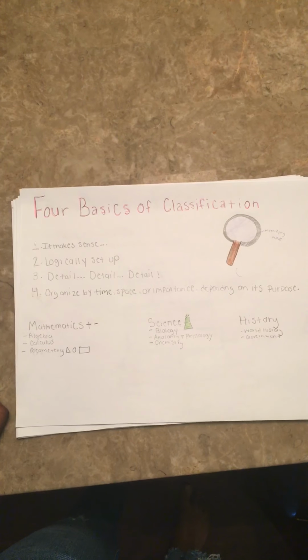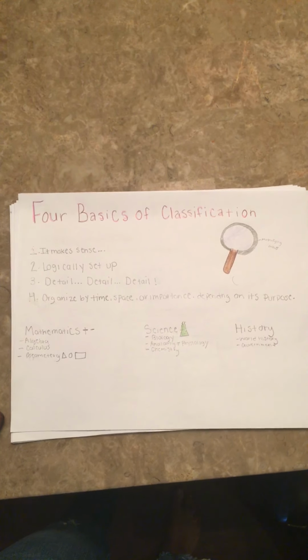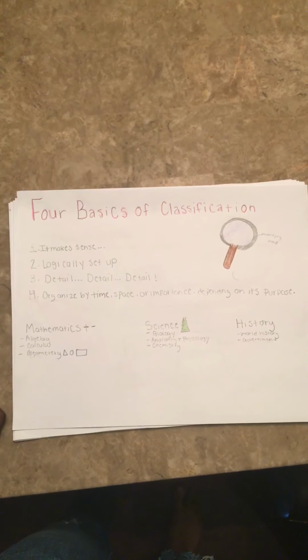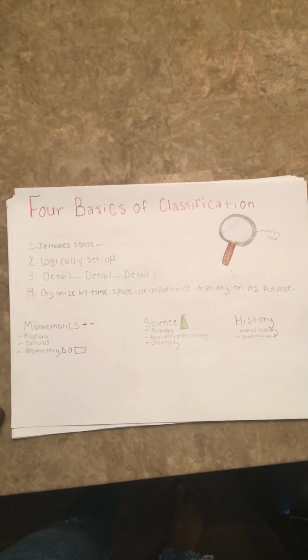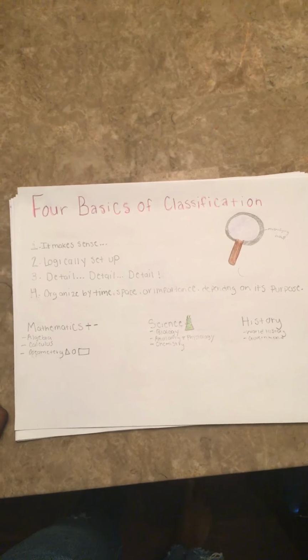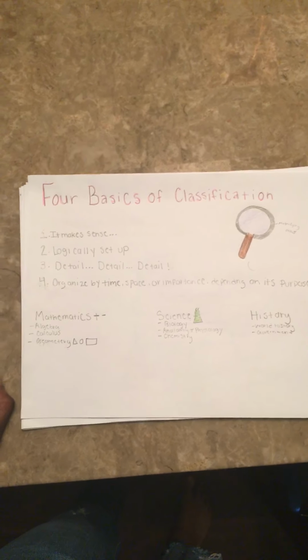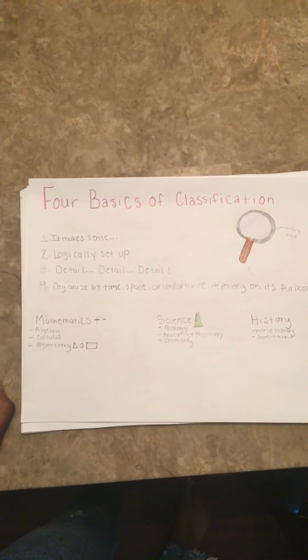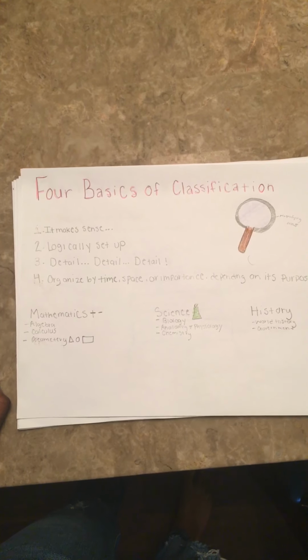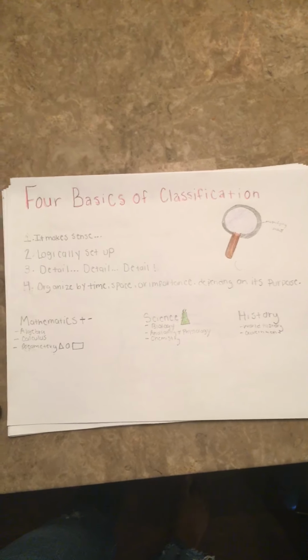Three, detail, detail, detail. You could describe it as detailed as possible to let whoever reads it understand it exactly. And lastly, it needs to be organized by time, space, or importance depending on its purpose.